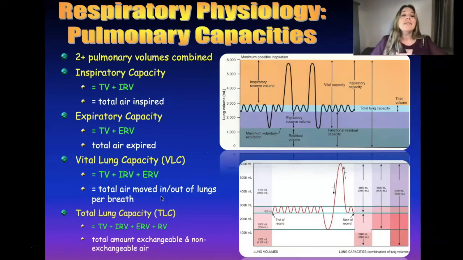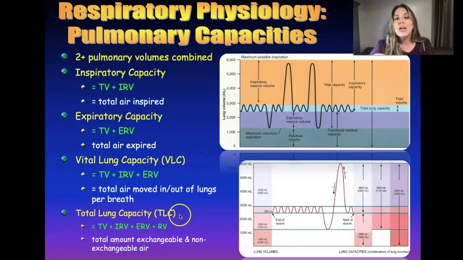Now, finally, we can take all those amounts and add them together to get our total lung capacity. What can your lungs inhale and exhale? So this isn't going to include something that the vital lung capacity didn't include, and that's that residual volume. So remember, that's the amount of air that's still left in your lungs after you forcibly expired.